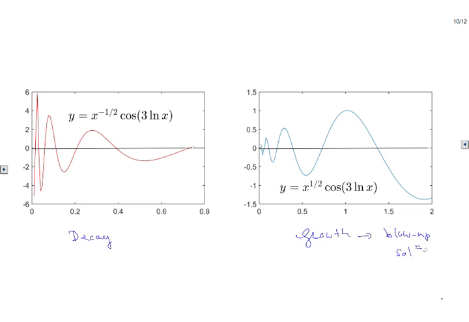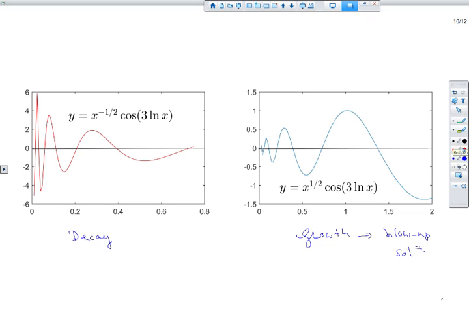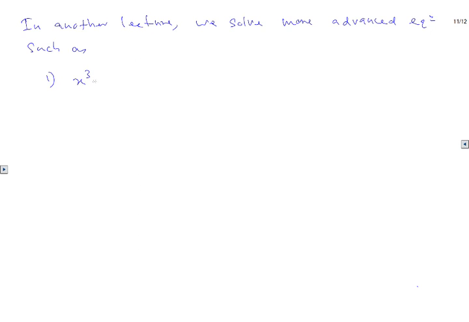Okay, so this is pretty much what we want to discuss, but there are some other situations as well, and we're going to discuss those in another lecture, where we solve more general, more advanced equations, such as x cubed y third derivative plus 5x squared y second derivative plus 7x y prime plus 8y equals 0.